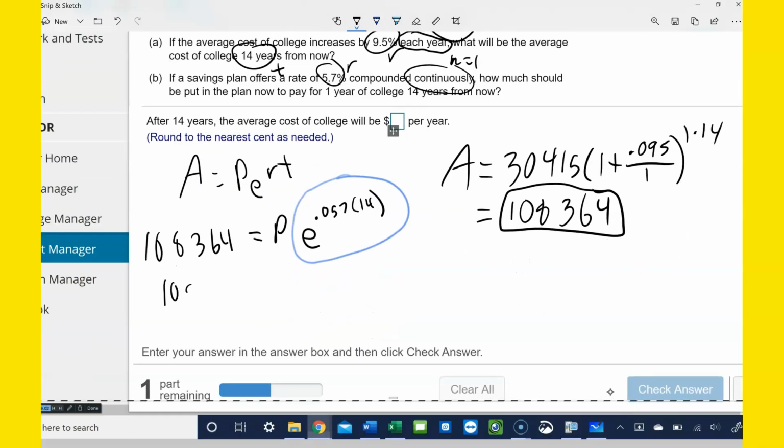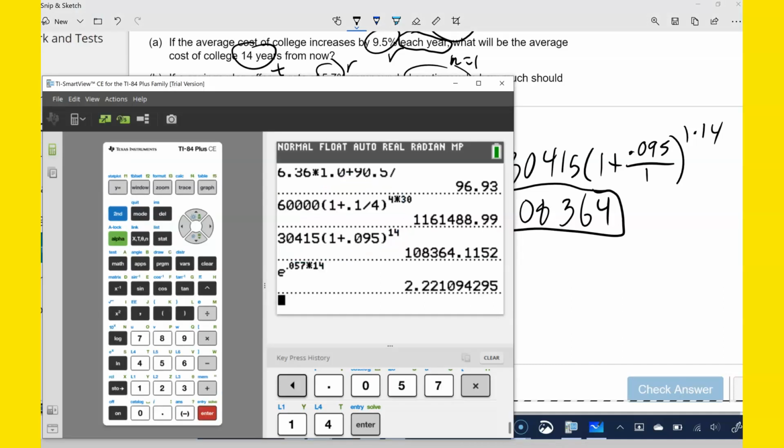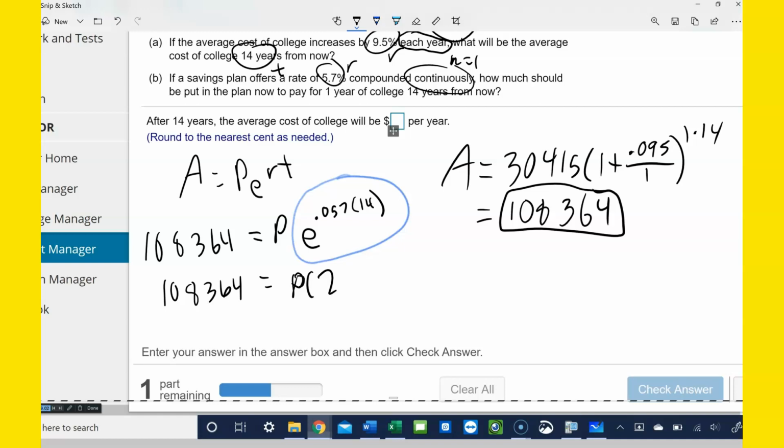So 108,364 equals P times 2.221. So now I just divide both sides by 2.221, and I will have P.